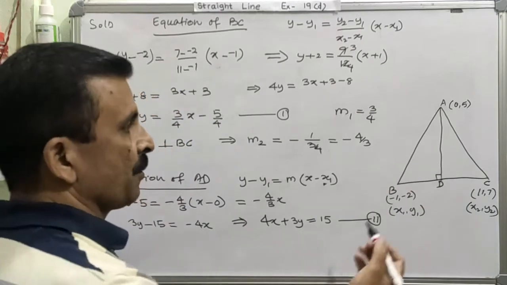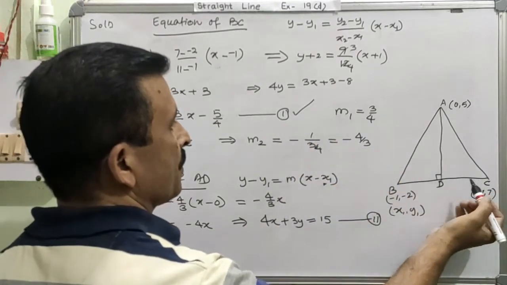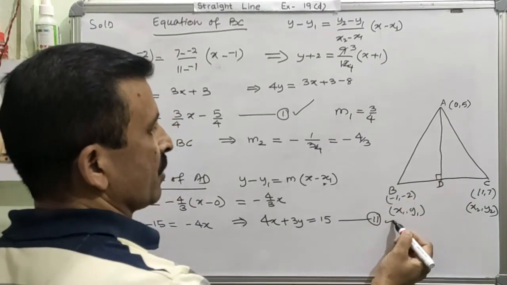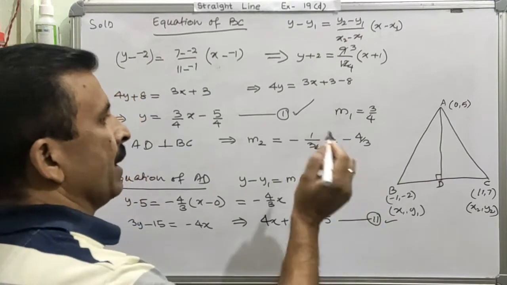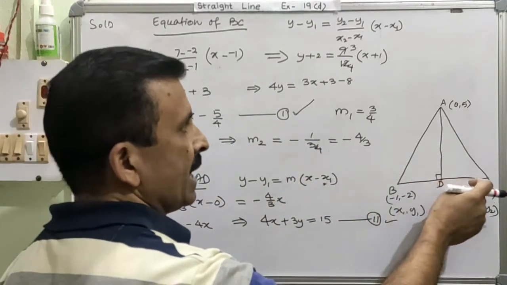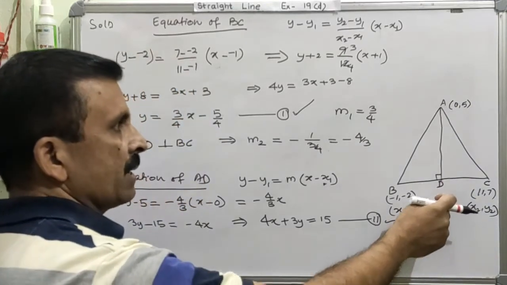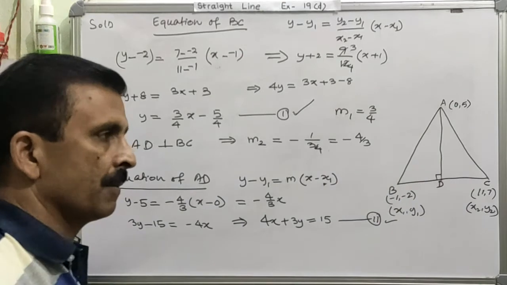Is it okay? So for this we will solve this equation because this is the equation of your BC, and then we will solve this equation. This is the equation for AD. So by solving these two equations, we will be able to get the coordinate of the point of intersection of BC and AD, or you can say you will get the foot of the perpendicular AD.